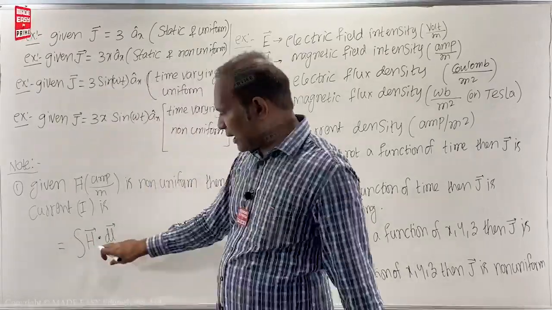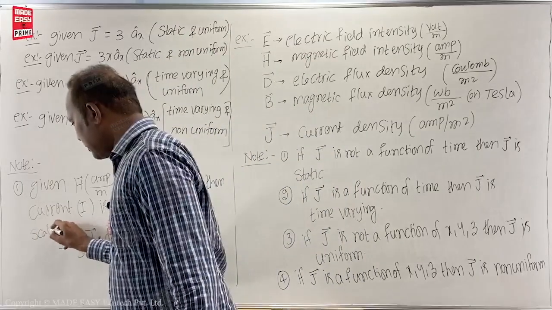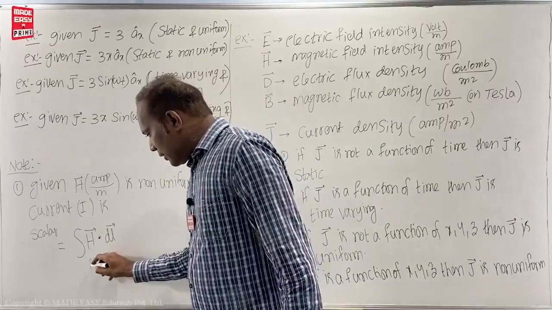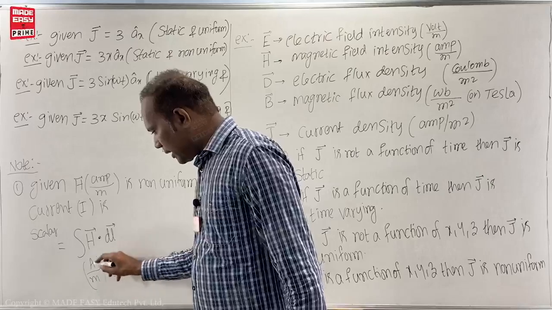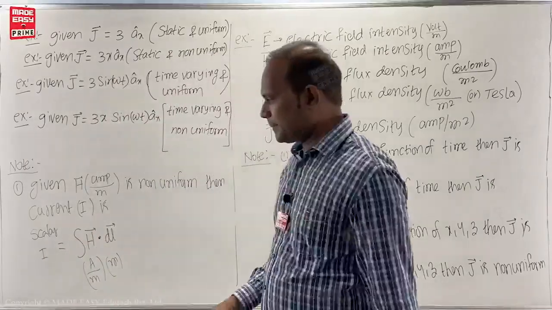Actually, the dot product gives a scalar. And the unit of h bar is ampere per meter and dl bar is meter, so meter cancels, you get ampere. Ampere means current. So this is the formula.